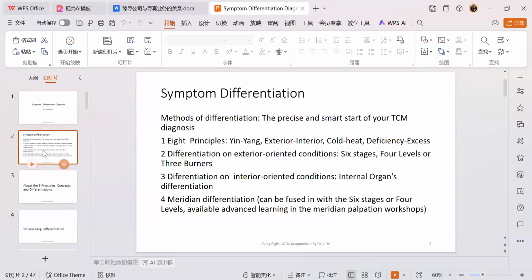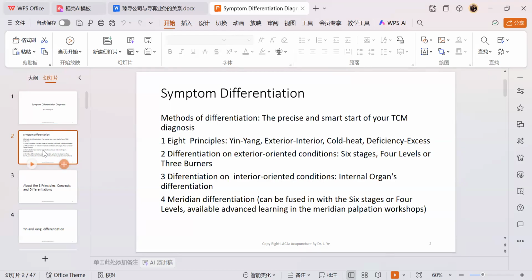However, there are other complementary methods to help you enhance it. The eight principles is a system of diagnosis developed mainly in the Ming Dynasty. Before that, there wasn't a name for the eight principles. It's more well known for the six stages (六经), or wei qi ying xue, or the three burners, or the four levels.